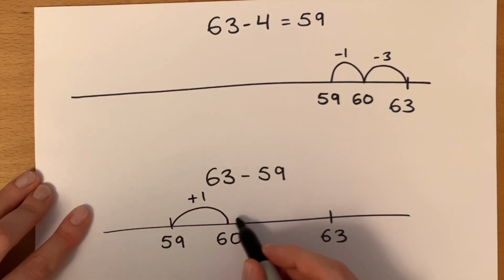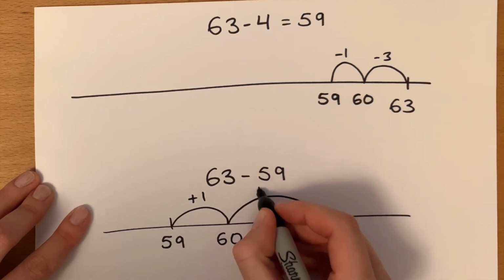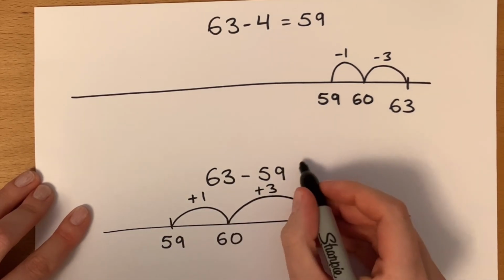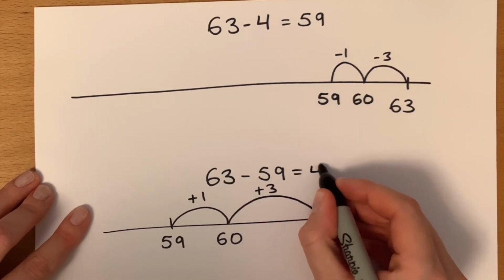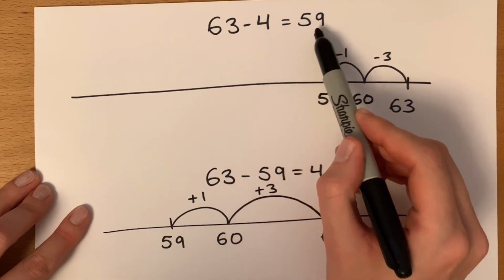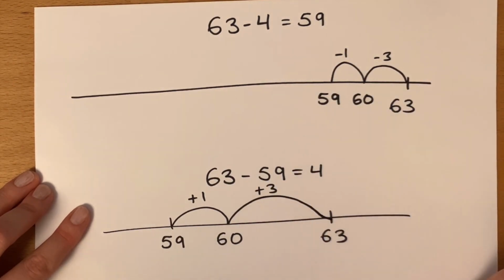And then it's easy to get to my final destination, 63. I just need to add 3. I added 4 altogether to get to 63. The difference is 4. And that shouldn't be surprising because if 63 minus 4 equals 59, 63 minus 59 should equal 4.